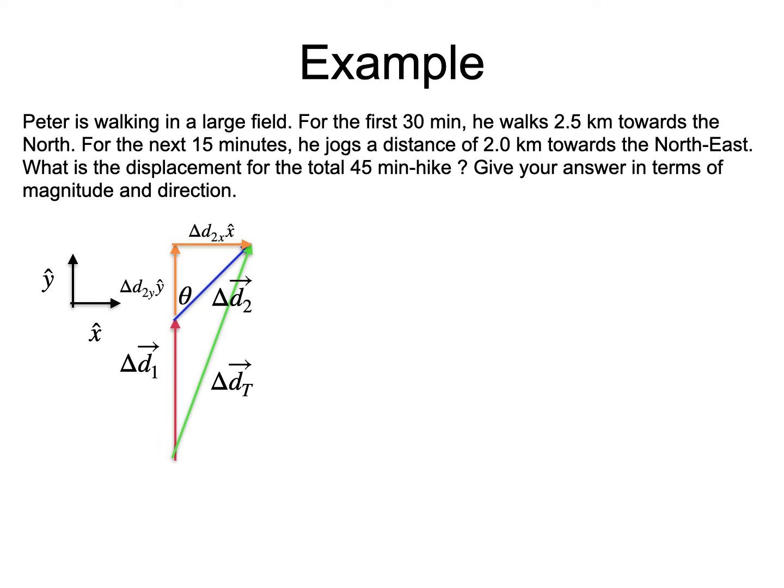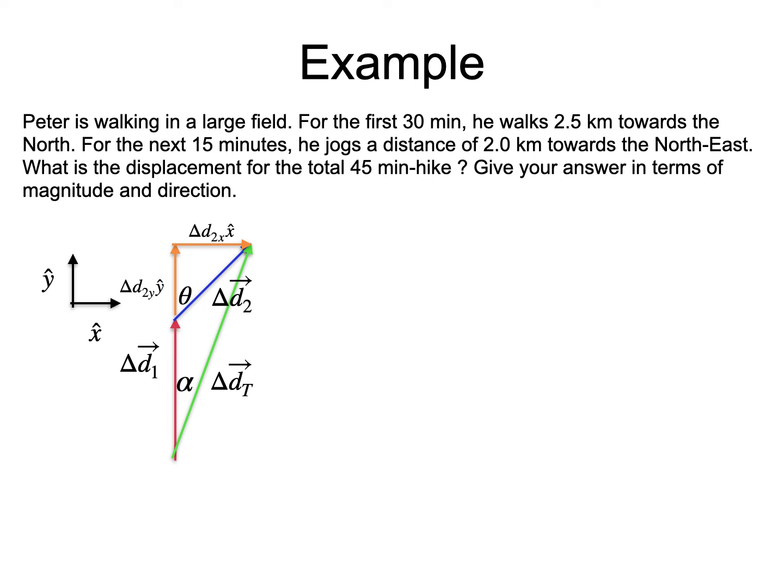We will define theta as the angle of deviation of delta d2 in respect to the north direction. Since the final answer needs to be given in terms of magnitude and direction, we will also define the angle alpha as the angle of deviation of the total displacement towards the east of north.